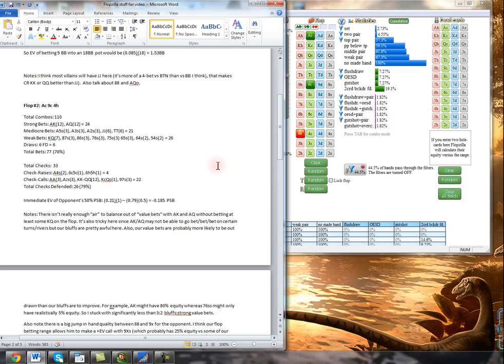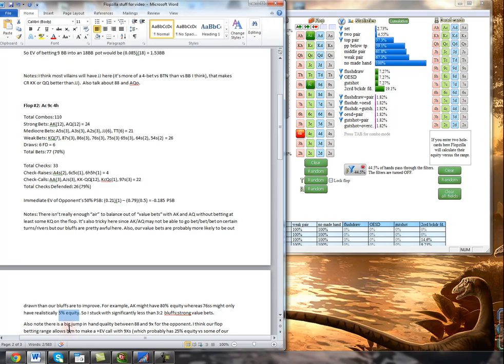But here specifically, our strong value bets can realistically get outdrawn. I'm going to talk about that more in a minute. But they're going to get outdrawn by our opponent's flush draws. They're going to get outdrawn by our opponent's 9x hands. Whereas our weak bets, 8-7 of spades has more equity than 5%, but it really only has like 5% really robust equity, which is the runner straight draw.